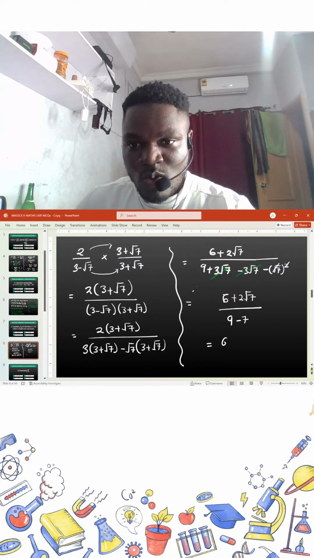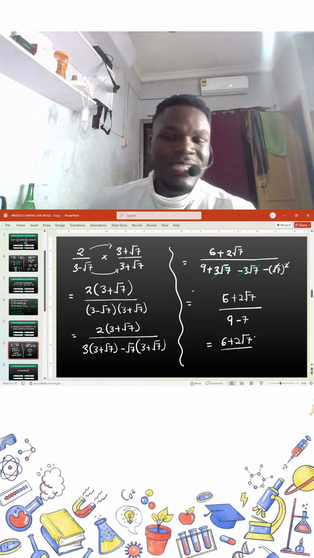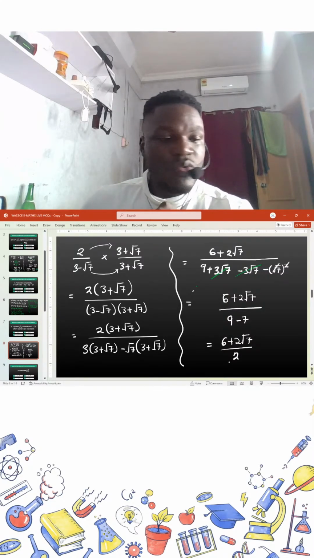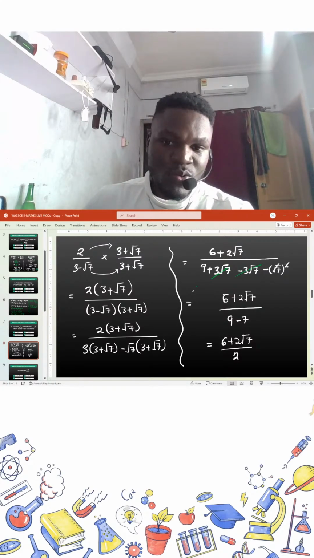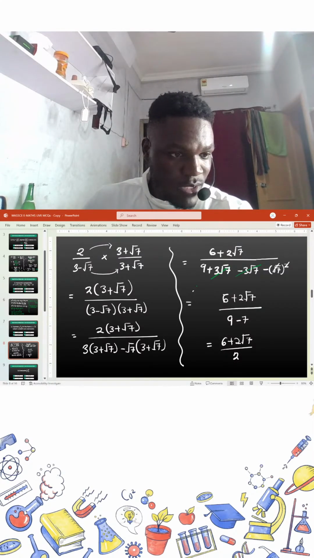So this will be equal to 6 plus 2 root 7 all divided by 9 minus 7. What is 9 minus 7? It is 2. So I have 6 plus 2 root 7 divided by 2. The 2 can divide the 6, and the 2 can also go into the 2 at the top.